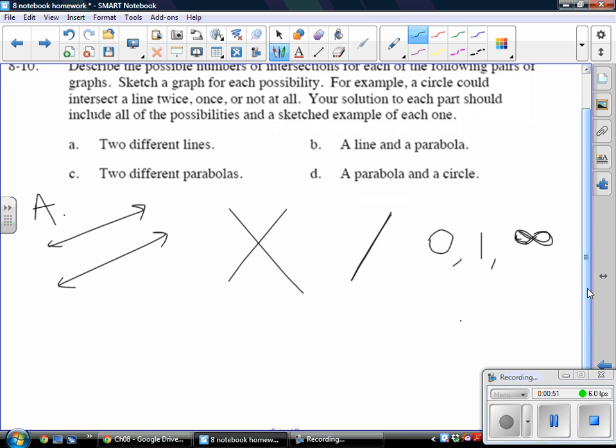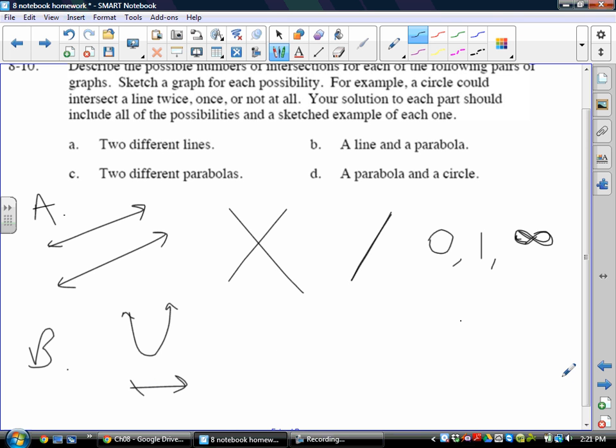Okay. Part B is a line and a parabola. Think about this, they could have a parabola like that, a line down here, so they could never intersect. We could have it touch at the vertex one time right there. We could have it go through like that, so that would be 2 times.